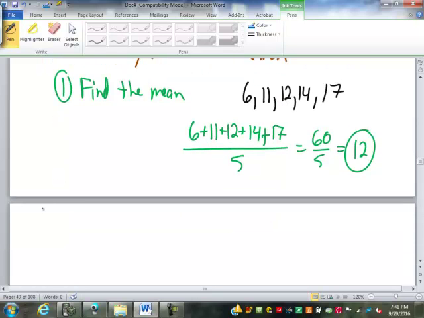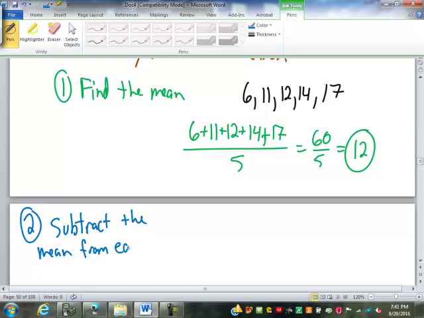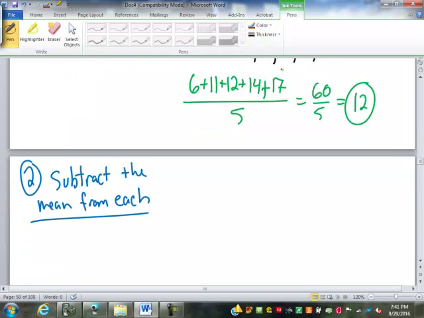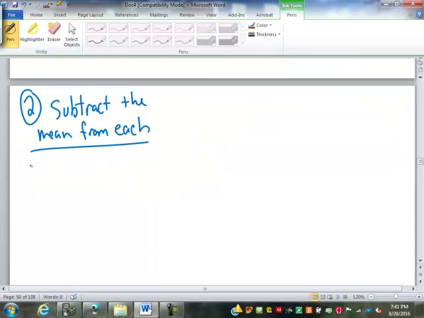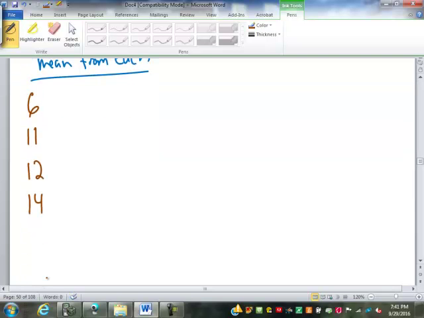Step 2 is subtract the mean from each number. So we've got 6, 11, 12, 14, and 17.